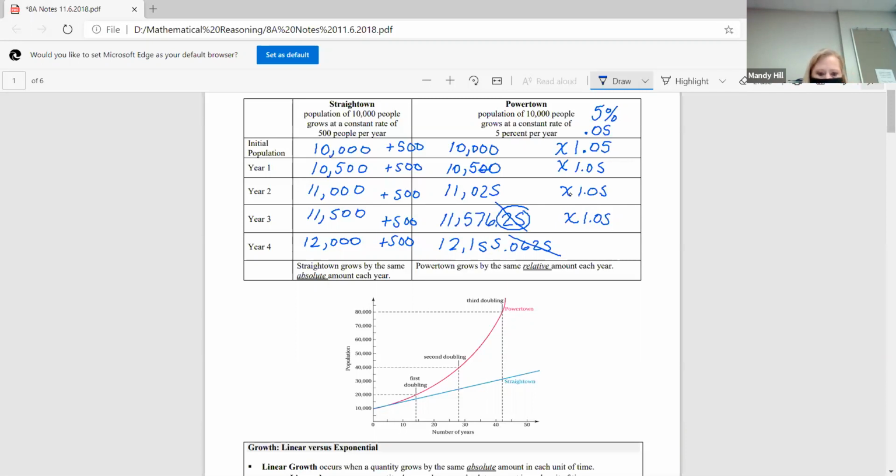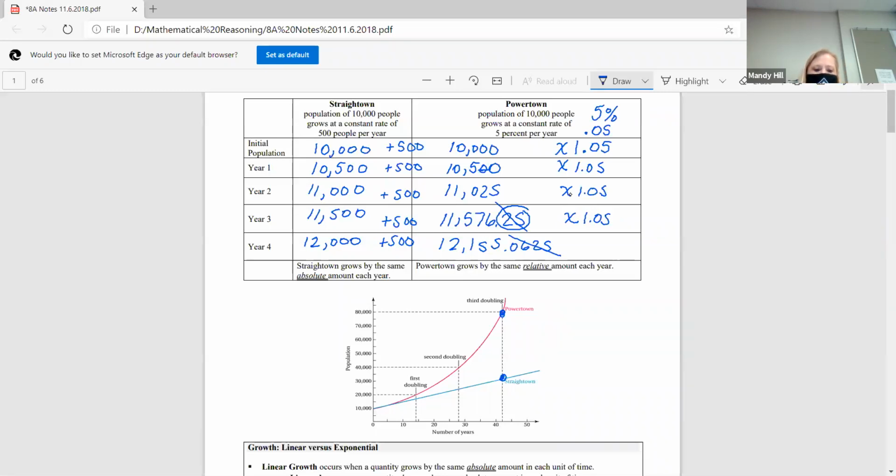And if you compare these two graphs, you can see that if it's linear, Straight Town makes a straight line. If it's exponential, it kind of starts off growing slow, but then the more time goes by, it increases rapidly. Okay, so that by year 42, there would be a drastic difference between the two towns' populations.